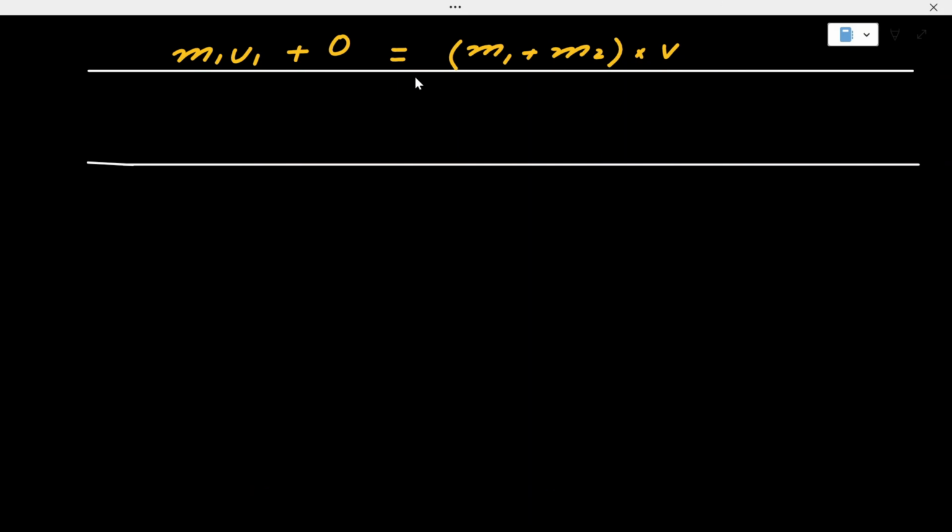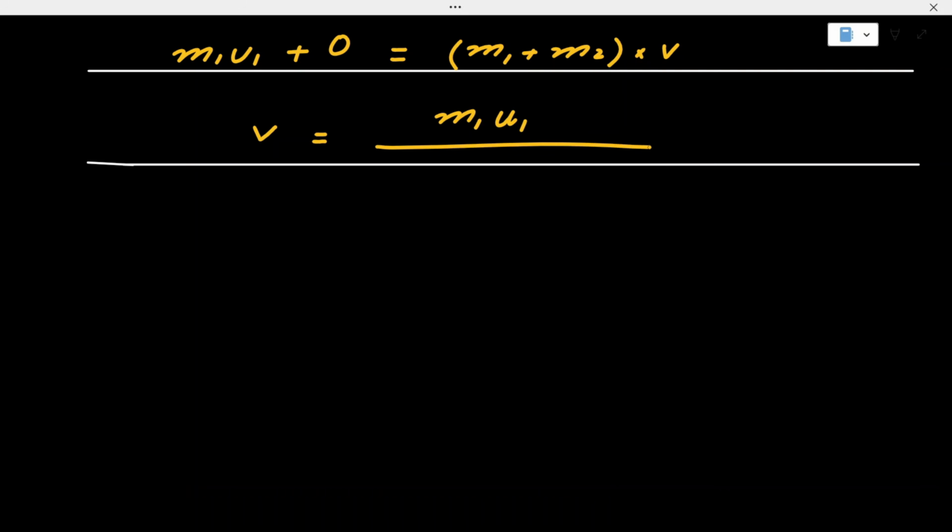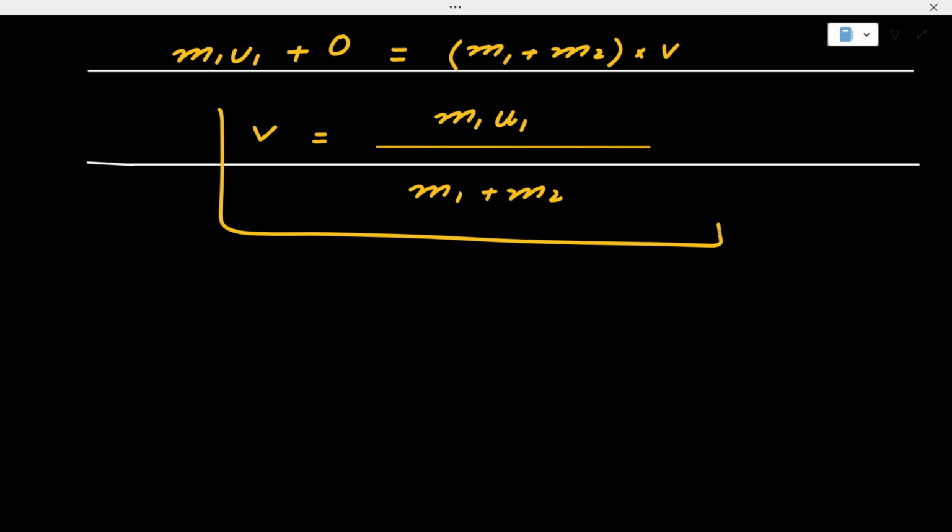So for the final velocity, it can be rearranged as v equals m1 u1 divided by (m1 plus m2). What do you guys say to this?